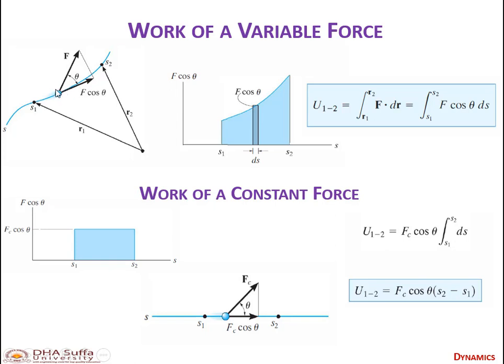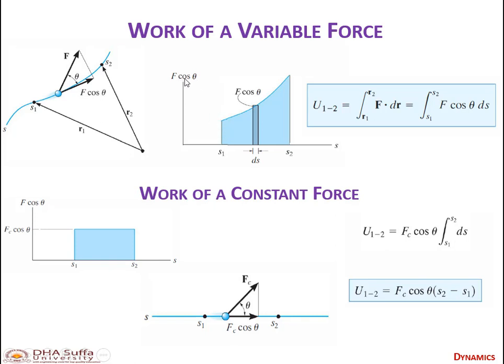So if the force component F cos theta is changing along this whole curve, the blue line, you can say that the variation of the force is represented by this graph. On the x-axis you have s, representing the position of the particle, whereas on the y-axis you have F cos theta. Why F cos theta?